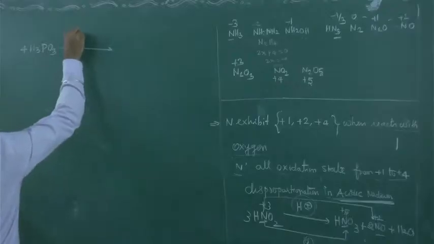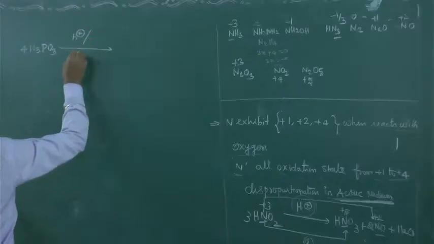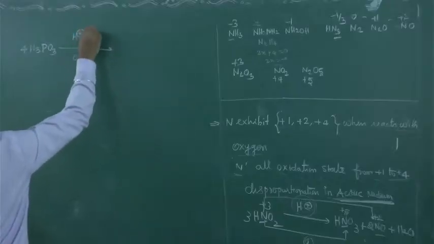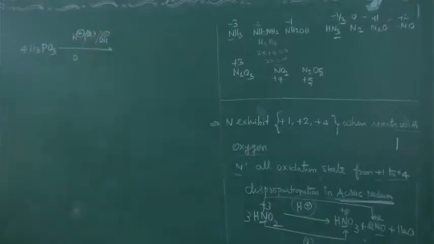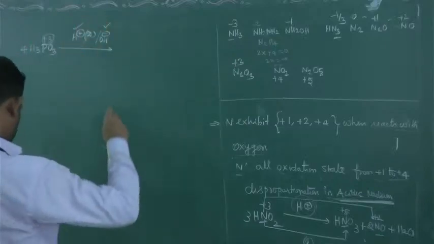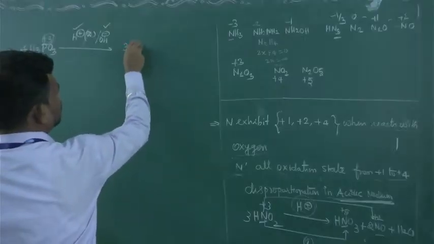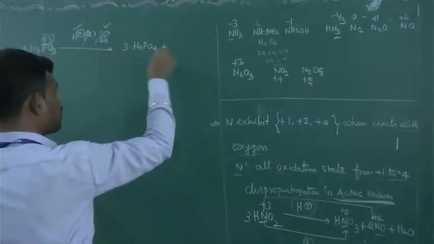Either in acidic medium or in basic medium, OH is basic medium, H plus is acidic medium. Is it clear? The oxidation state of phosphorus in this case is +3. In either medium, the products are going to be phosphoric acid and the next one is going to be phosphine.